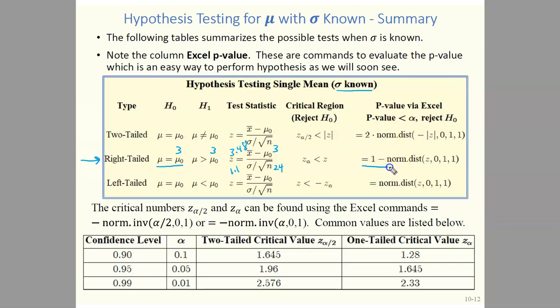And then right over here is the formula that we would type into Excel to calculate the p-value. And then we can compare the p-value to the significance level and determine whether we should reject or fail to reject the null hypothesis. Now let's open up Excel and calculate our test statistic and our p-value.